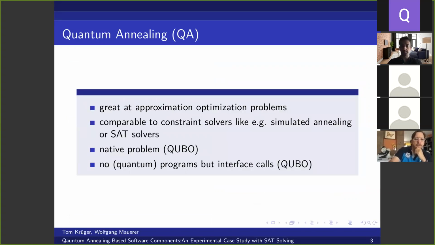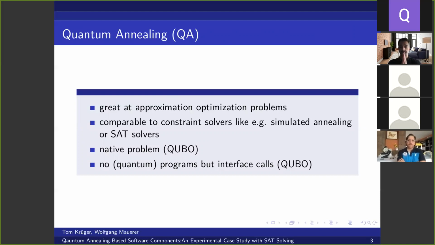Just to go over quantum annealing very briefly, it is, as already mentioned, great at approximating optimization problems. From an interface standpoint, it is quite similar to classical constraint solvers like simulated annealing and SAT solvers, where we also have a native problem where the optimizer is optimizing.